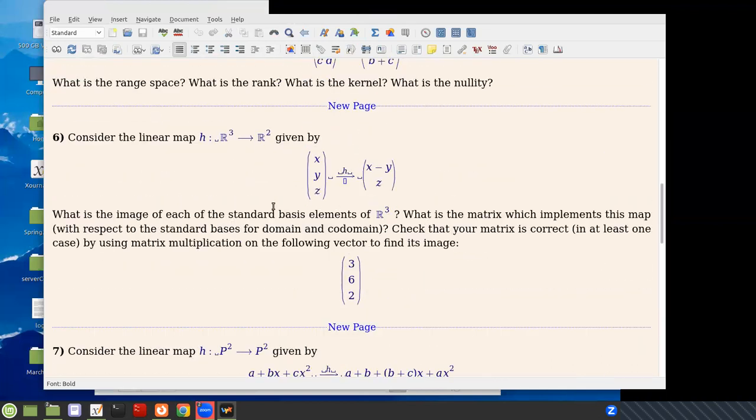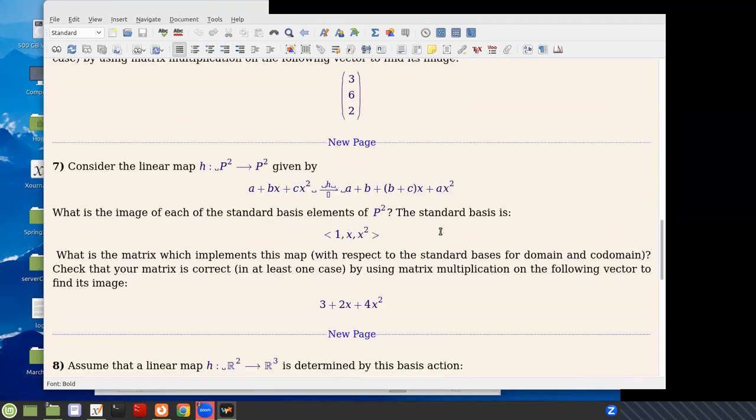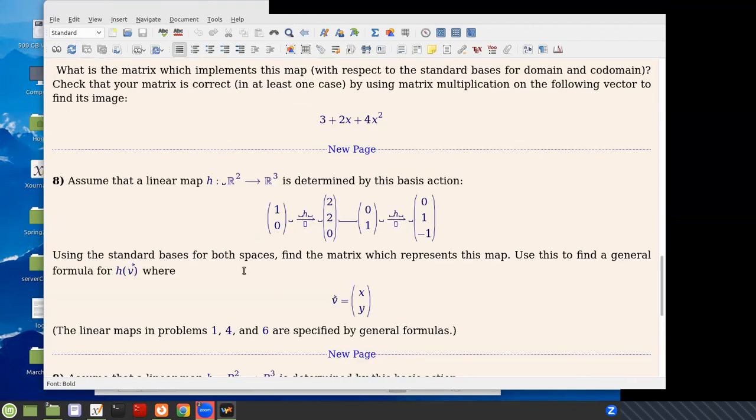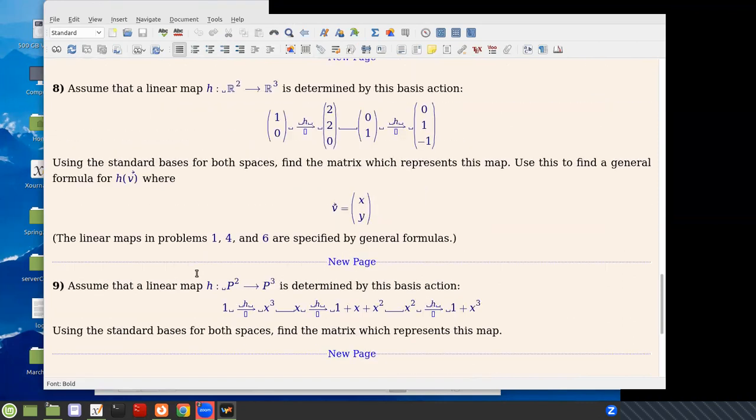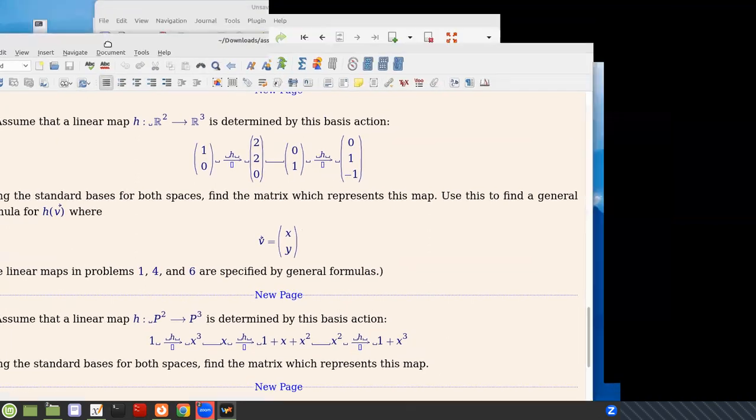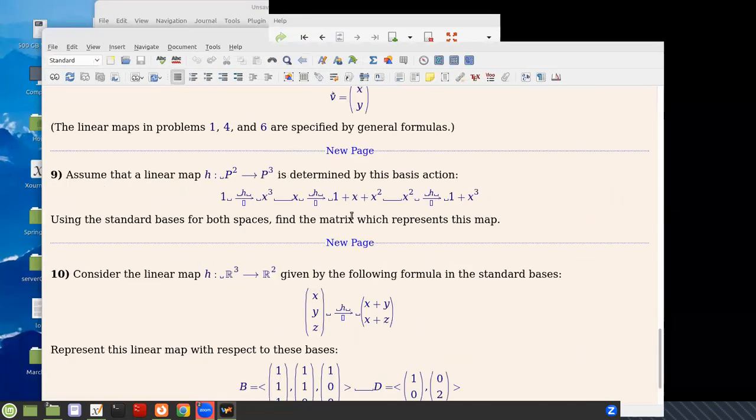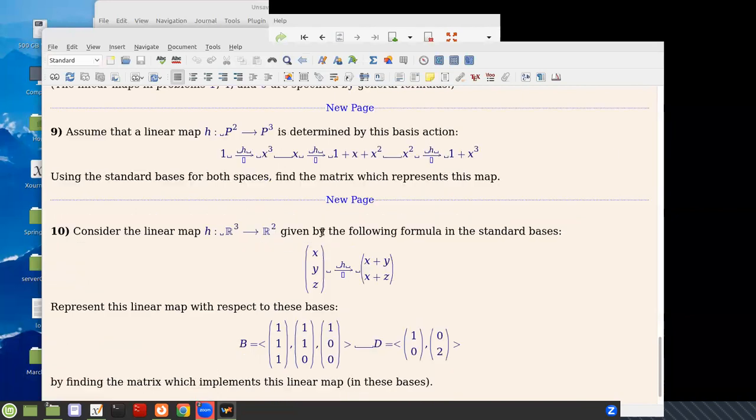Then problems 6, 7, 8, 9 and 10 all mention matrices, which represent maps, which we will start next week.